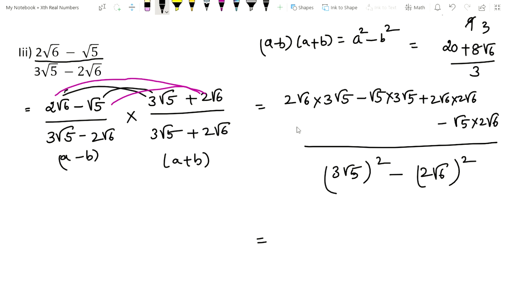Now you multiply this. 2 3s are 6, root of 6 5s are 30, minus root 5 into root 5 you will get 5.